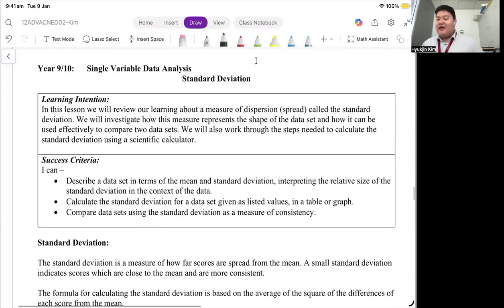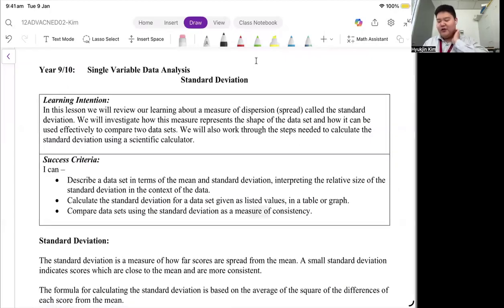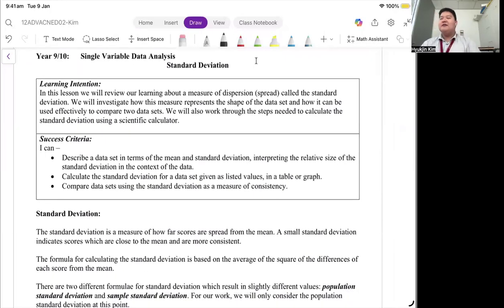Now, standard deviation. This is something that I do hope you would remember pretty well from year 10. Standard deviation essentially tells us the spread of the data. It is important that we know how to do it on a calculator because doing this on paper or with the formula is just a waste of time.